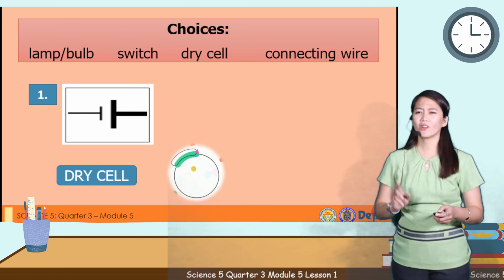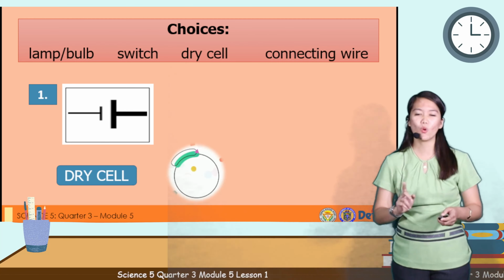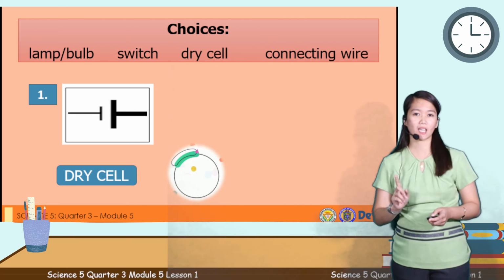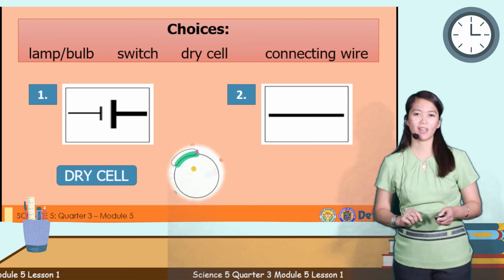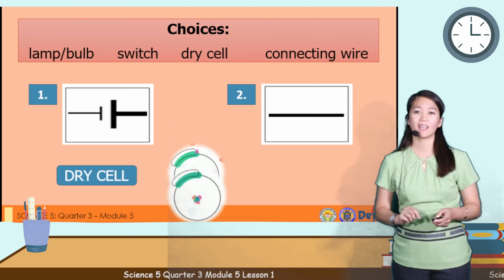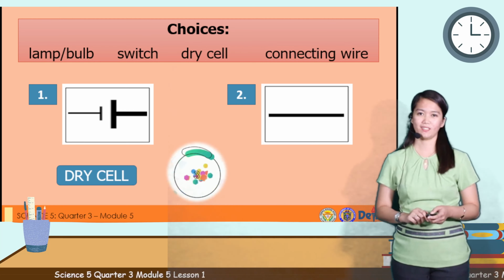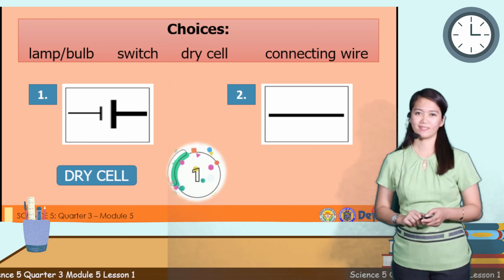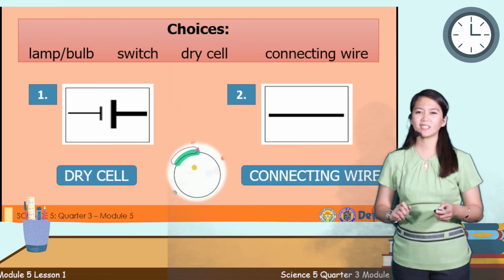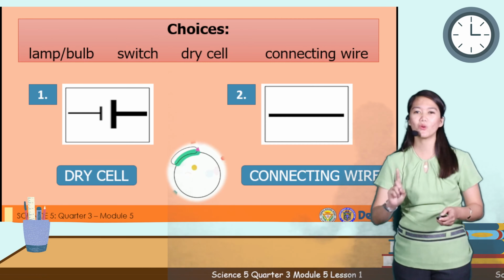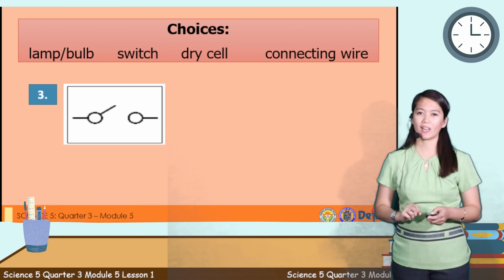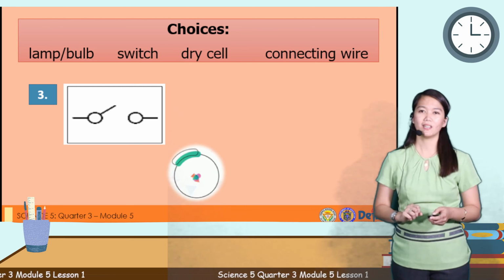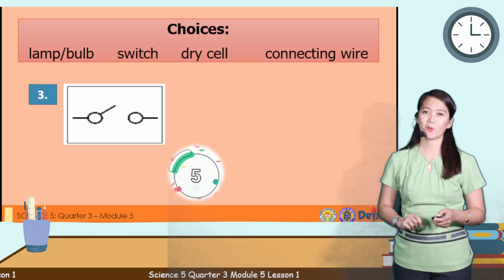Okay, if your answer is dry cell, then you are right. Let us have this second figure. Are you ready? Okay, your time starts now. If your answer is connecting wire, then you are right. How about the third one? Okay, your time starts now.